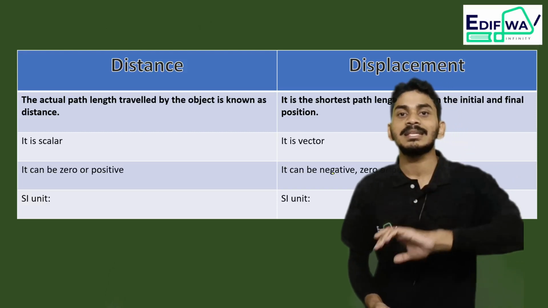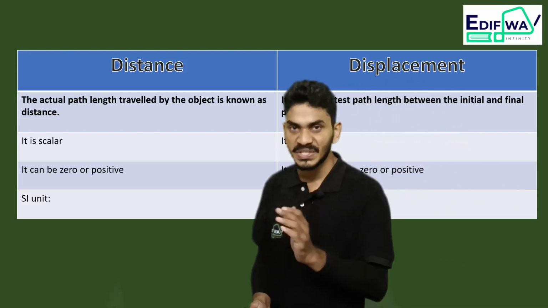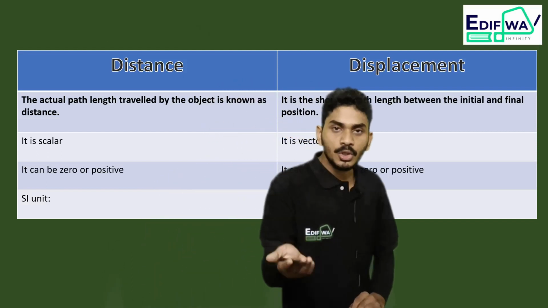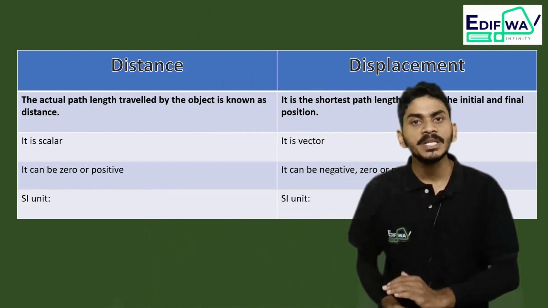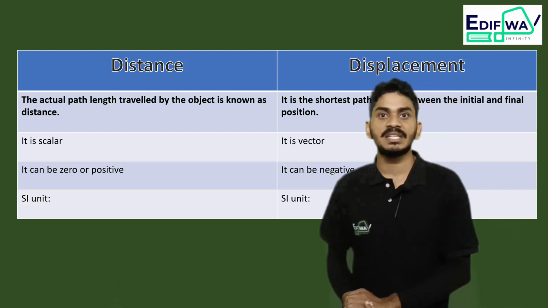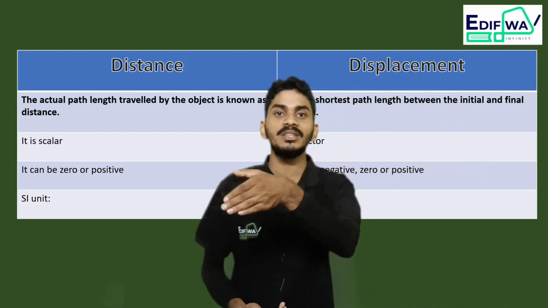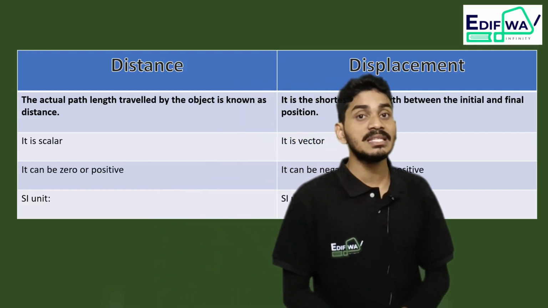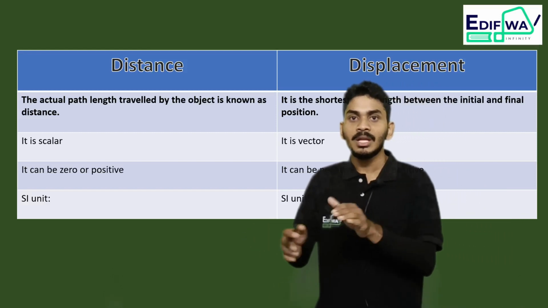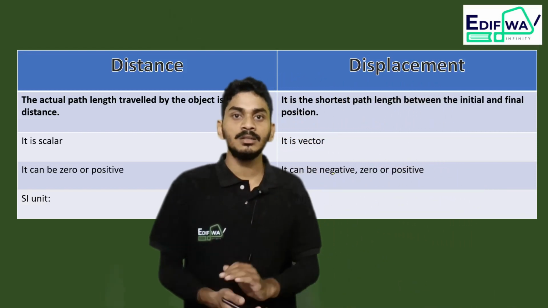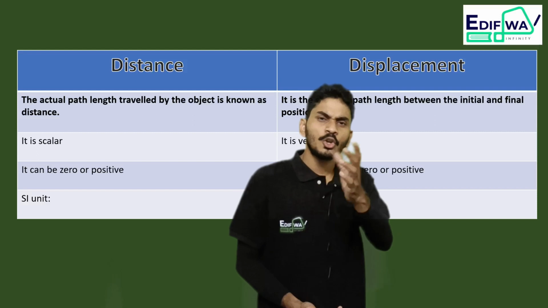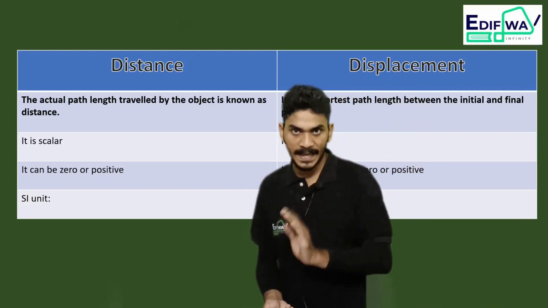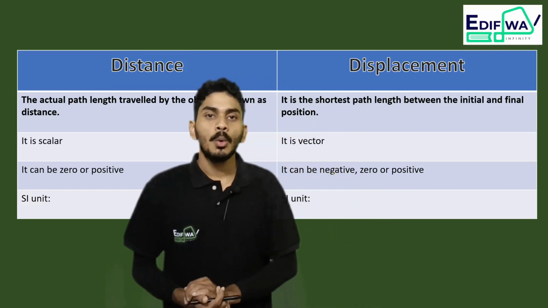Now, the distance can be 0 or positive, whereas displacement can be negative, 0 or positive. Why can displacement be negative? If the body is moving in the left direction, then as the sign convention says, it is negative, right? So, as the direction matters, it can be negative. Zero means the body's initial position and final position are the same. Okay, then it can also be positive.